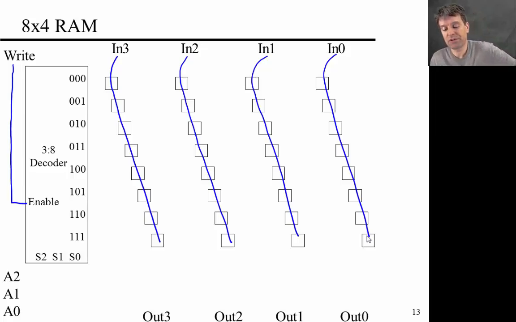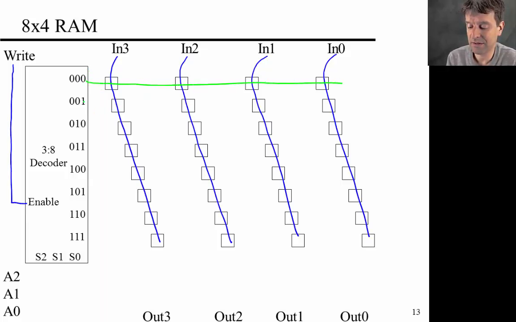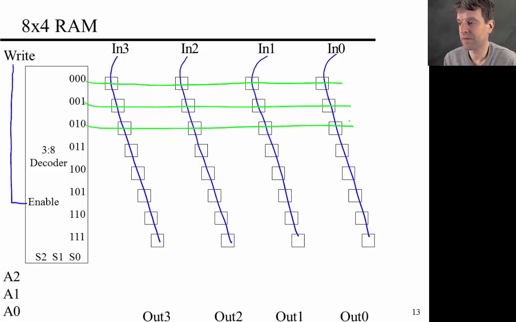So you have to use the decoder to select which row of cells you actually want to store this information in. Each wire is connecting across here, and each of these squares is essentially one memory cell, if you like.